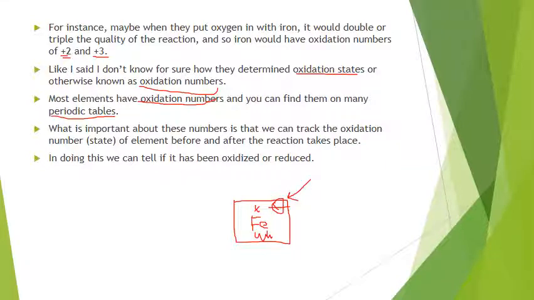What's important about these oxidation numbers is that we can track them before and after a reaction took place to see what has been oxidized and reduced. Like if you look at iron, it can be +3, +2.